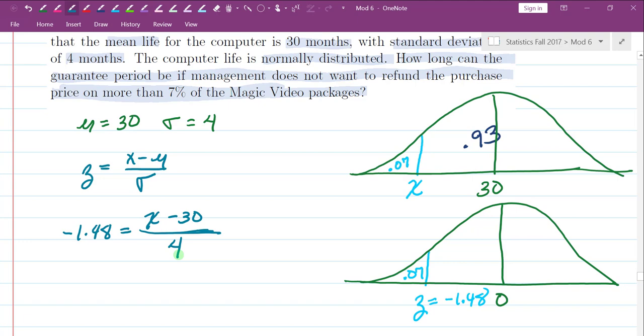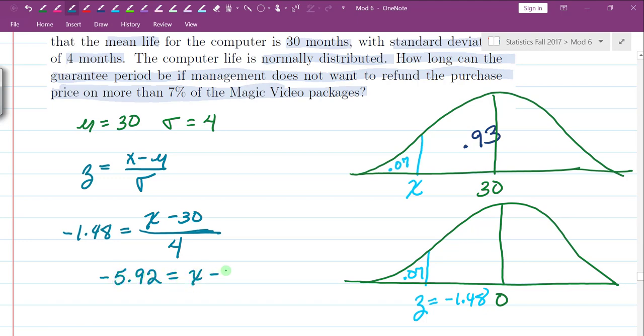So now we have one equation, one unknown, a standard algebra equation, solve for x. The first thing we're going to do is multiply both sides through by 4, and then add 30 to both sides. So negative 1.48 multiplied by 4 gives negative 5.92 is equal to x minus 30.